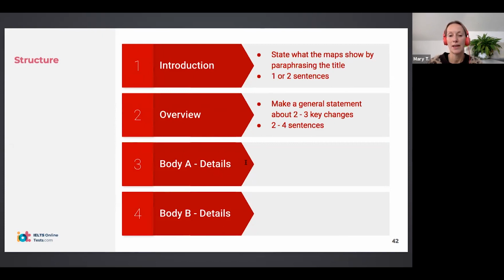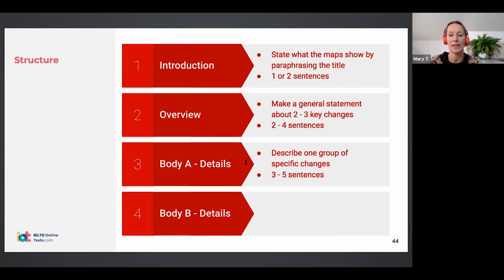Okay, and then body A. This is describing one group of specific changes. I think somebody was asking about this before, so I'm going to come to this shortly when we look at that part. How many sentences for this one? So Mustafa says 3 to 4, almost 3 to 5.